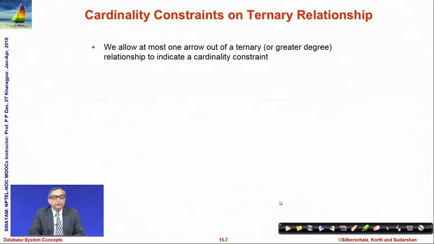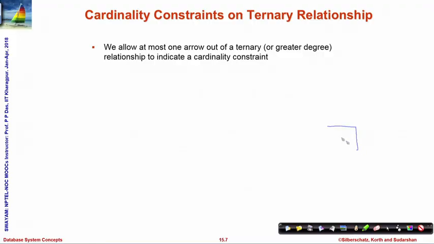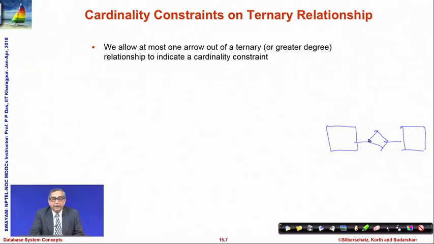Now, we have talked about cardinality constraints on binary relationships: 1 to 1, many to 1, 1 to many and many to many. If we have one entity set and another entity set and a relationship, and we just connect them, it means a many to many relation.